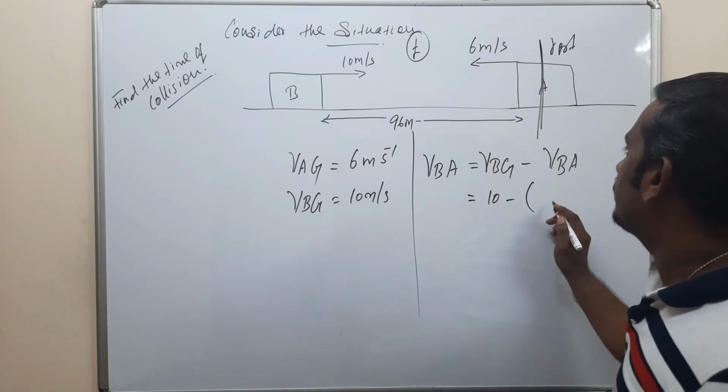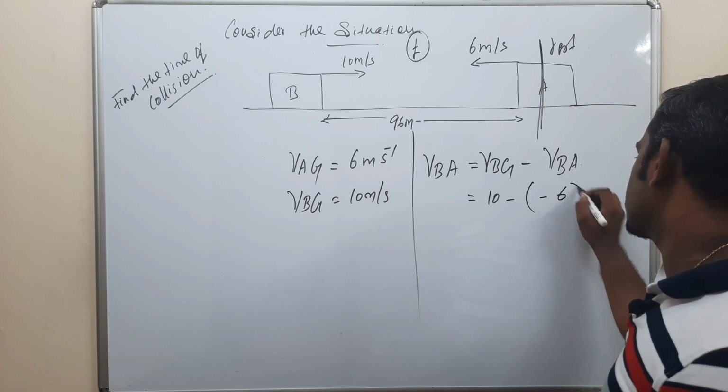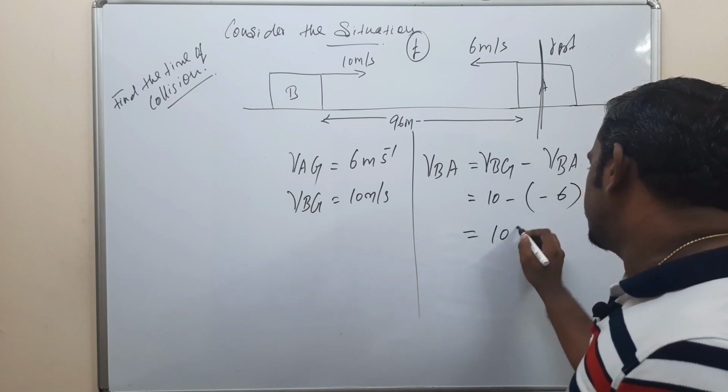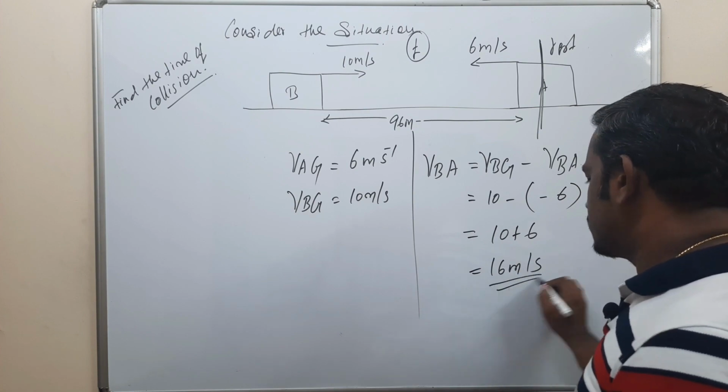So 10 minus, this is moving in the leftward direction, so minus of minus 6. So that's equal to 10 plus 6, that is 16 meters per second.